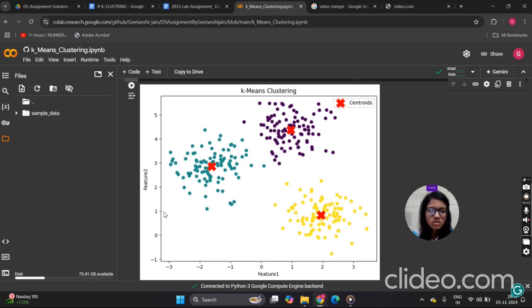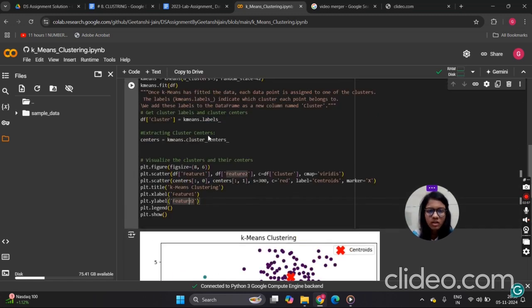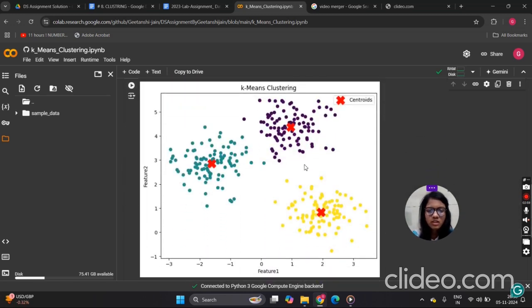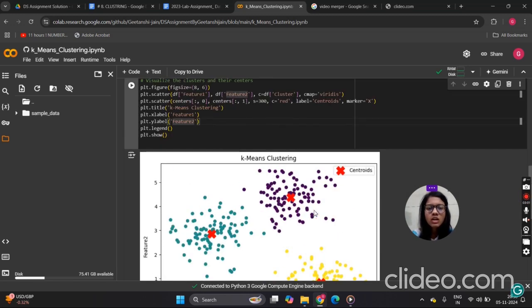Centroid 2 value is between 1 and 4, and centroid 3 is 3.3 to 5.6, and upper 3.5 to 5.5 also. So these are our 3 centroid values calculated using Python.